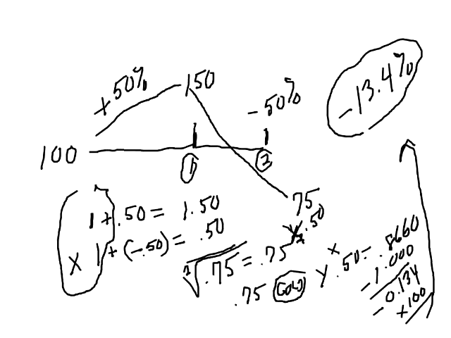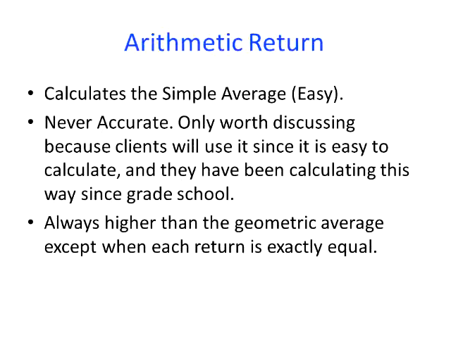And going back to that slide, arithmetic return, where they tell you that it is never accurate, only worth discussing because the client will use it since it's easy to calculate, but you understand that it didn't make a lot of sense in that particular case to say that you have an average return of 0 when you actually lost $25 over that 2-year period of time.